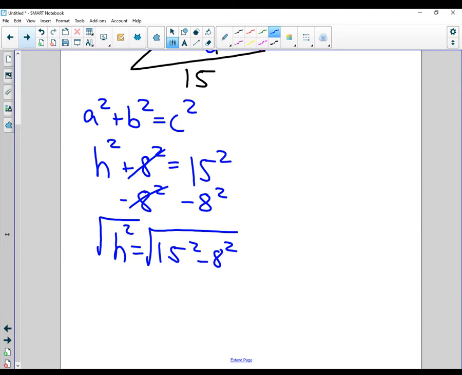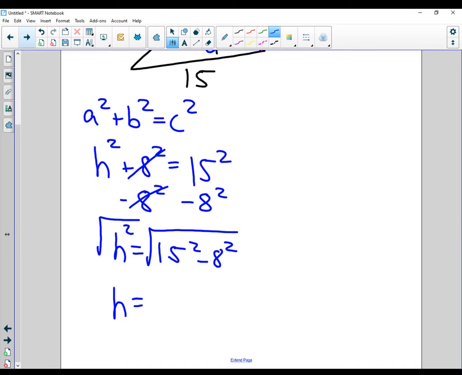Back when we did it, we used to add a plus or minus, but a minus doesn't make sense because we're not going to have a negative side length. So we just take the square root, we get h equals, and this is just something I'm going to throw into my calculator. I just do the square root of 15 squared minus 8 squared.